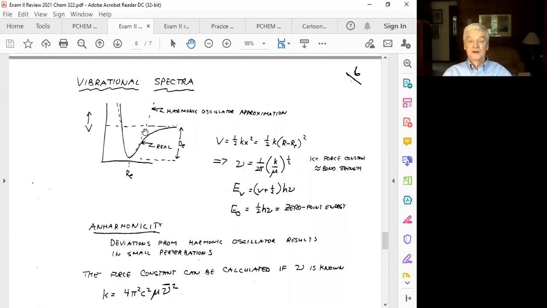We use the harmonic oscillator model, even though it's wrong at large R values. The harmonic oscillator would tell us the potential energy goes to infinity as R gets large, but in fact it dies off. But we use it because the real molecule and harmonic oscillator curves are very similar at the bottom part of the potential function.